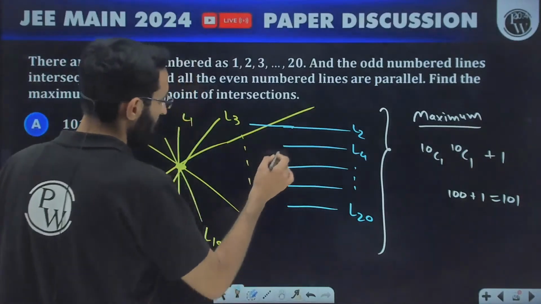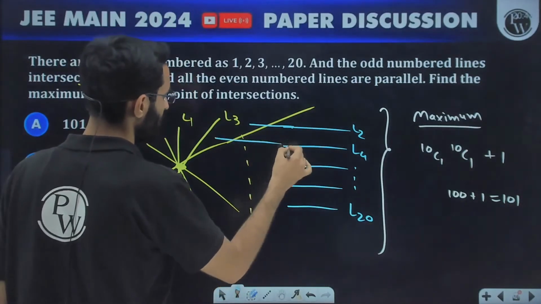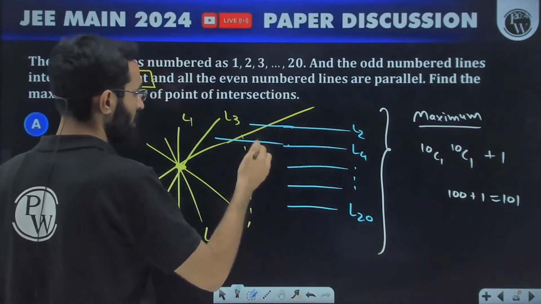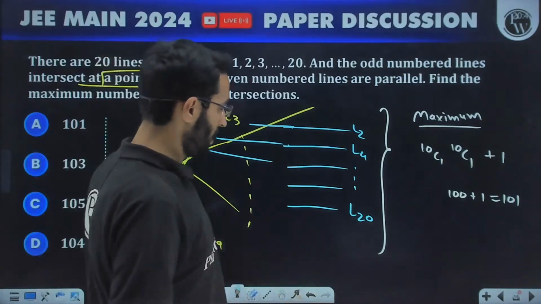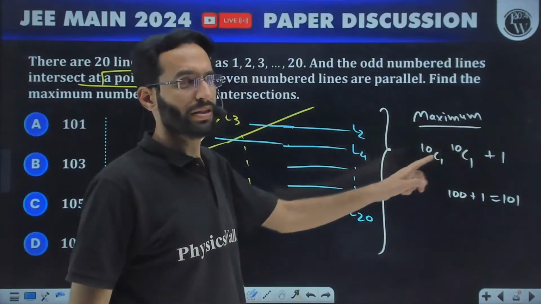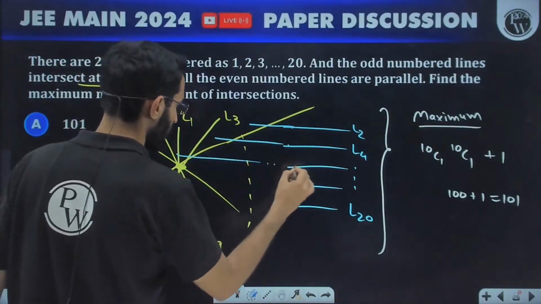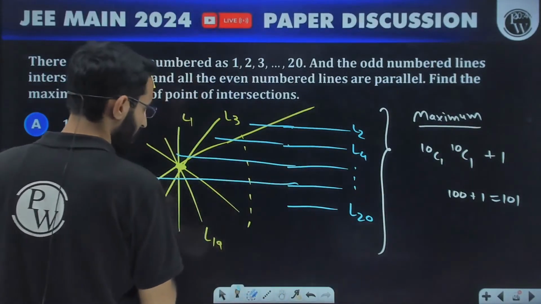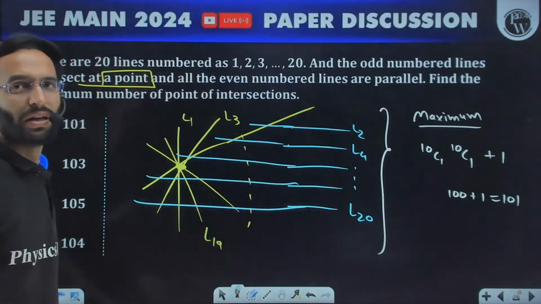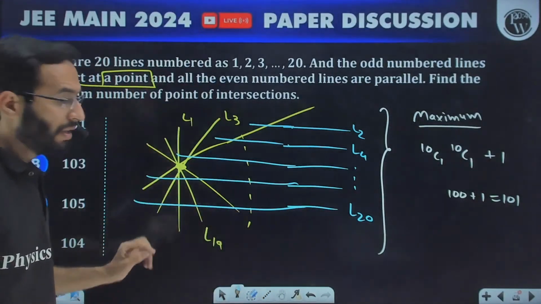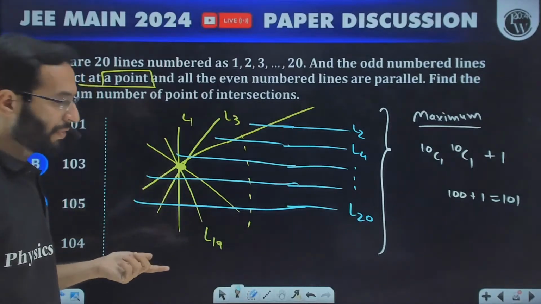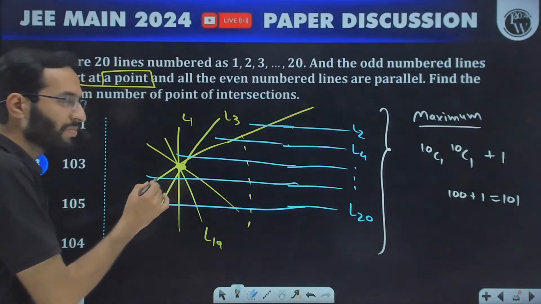Now, similarly, if I extend this, in 10C1 I can have this 10 also, because here each line is going to intersect with these 10 lines. I'm keeping these 10 lines in such a way that this point is becoming separate. This point can come on this line as well, and even these 2 points can become the same.